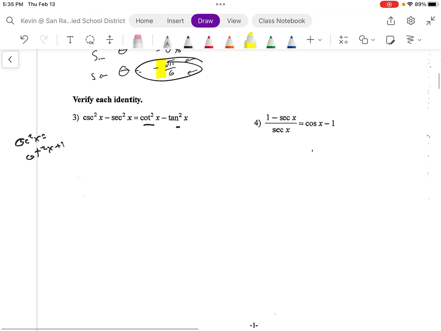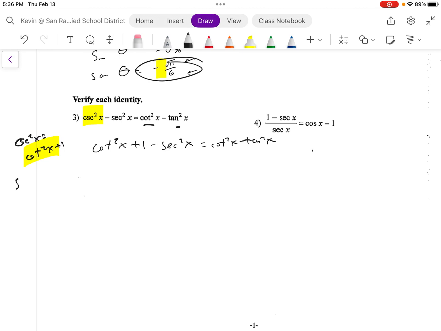So let's do that substitution. We're going to put this in for here: cotangent squared x plus 1 minus secant squared x equals cotangent squared x minus tangent squared x.